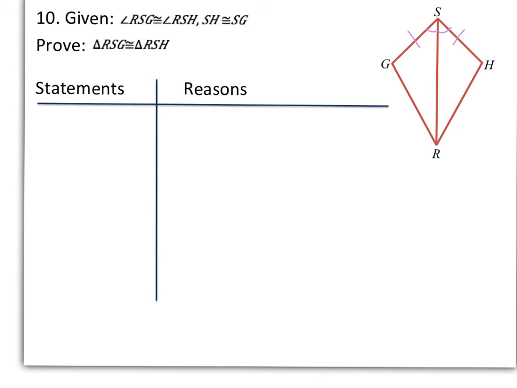And we want to prove that triangle RSG is congruent to triangle RSH. So first thing, let's write down our given. So angle RSG congruent to angle RSH, and side SH is congruent to side SG. And our reason is that they are given.